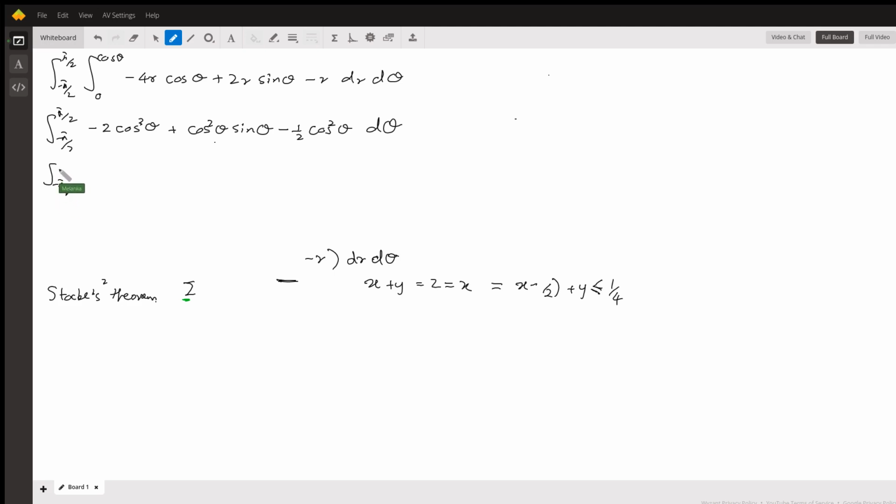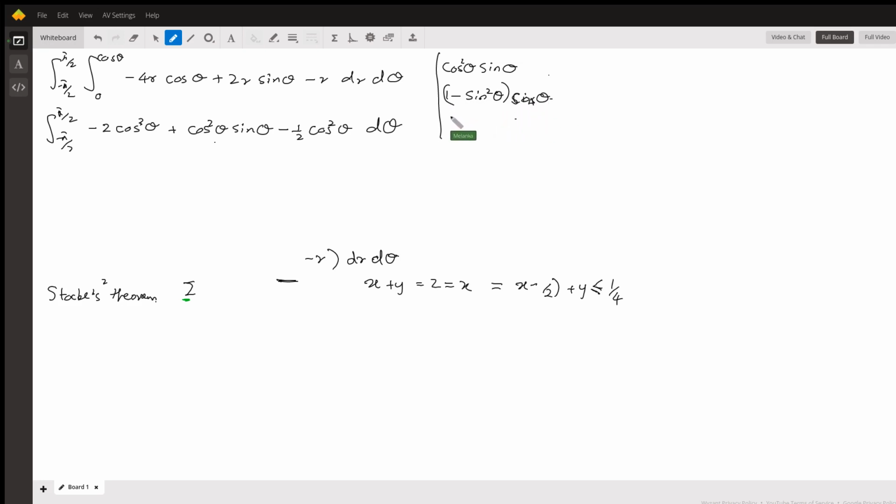Negative pi over 2. Let me first work this out here. So cosine squared theta sine theta, I can simply write this as 1 minus sine squared theta times sine theta.